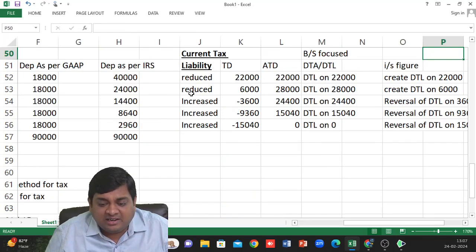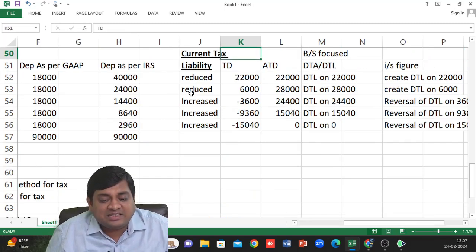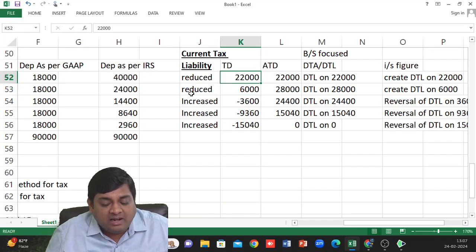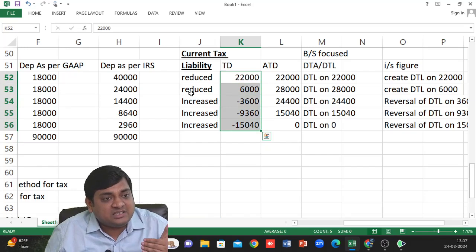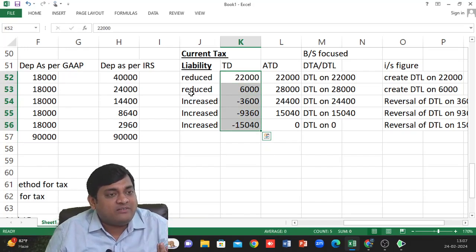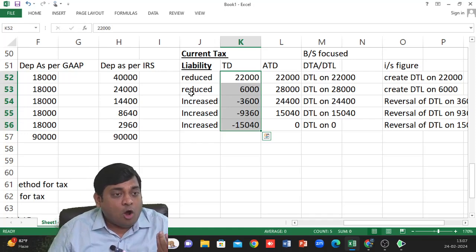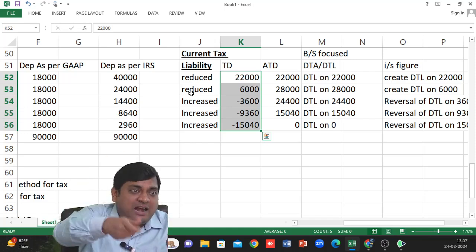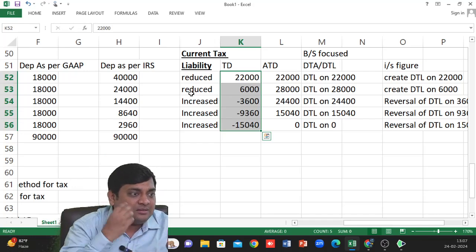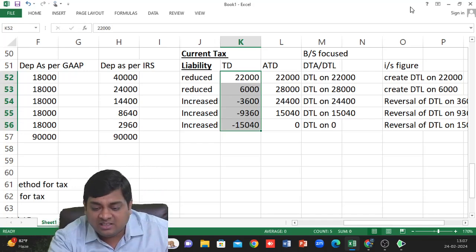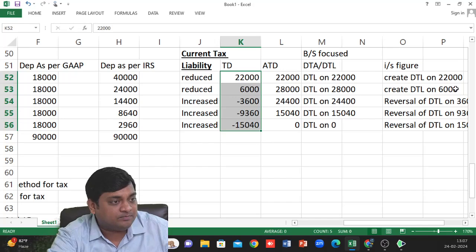I can straight away create or I can reduce my deferred tax liability directly, provided my tax rates are same. But suppose in year 1 it is 30% and in year 2 it is 35%, then what we have to do? On year 1 which is already created, on that also I have to bring down that to 35. So that is why we go by this approach, closing minus opening.